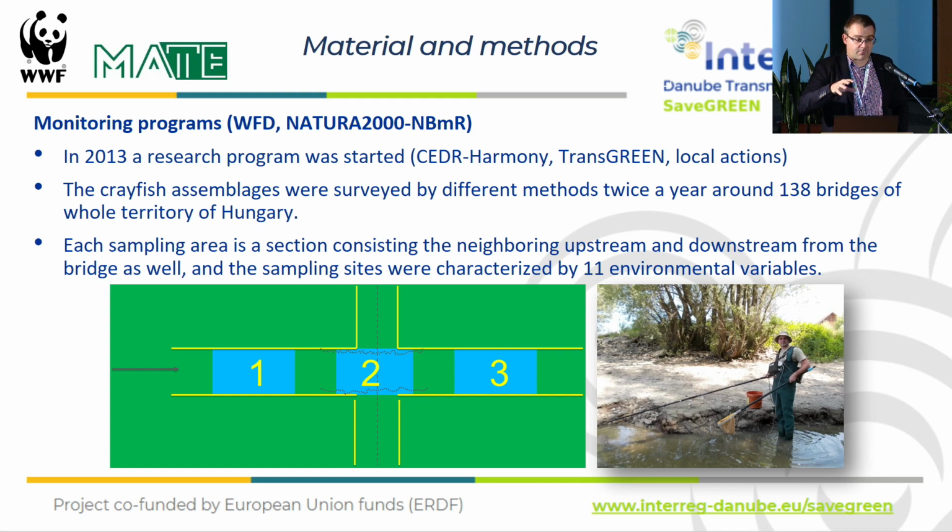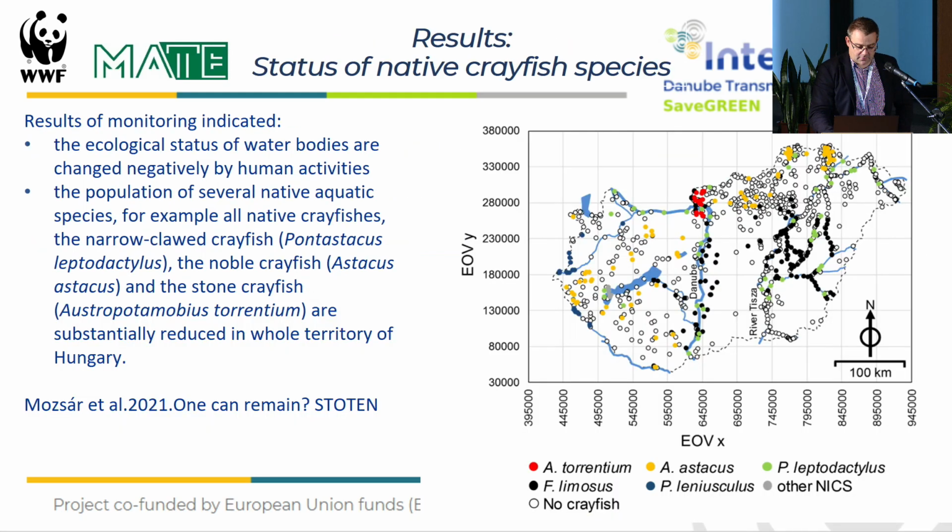The biggest program monitored 138 different road bridges in the whole territory of Hungary. In each situation we monitored three different sections in one area: an upper section, a bridge cross section, and a down section.